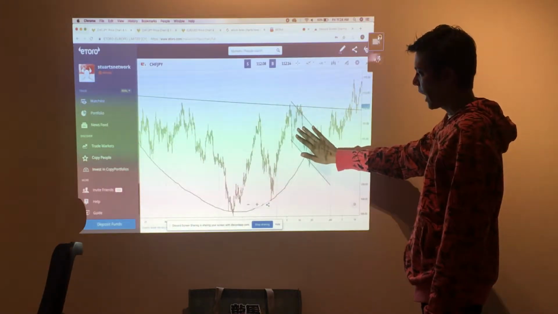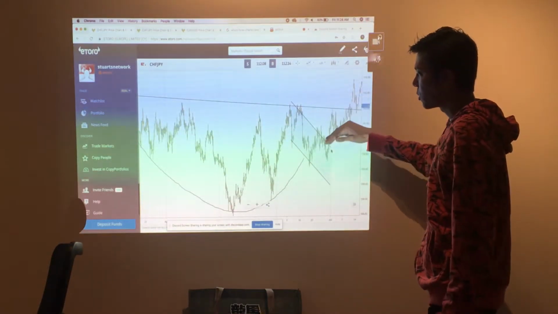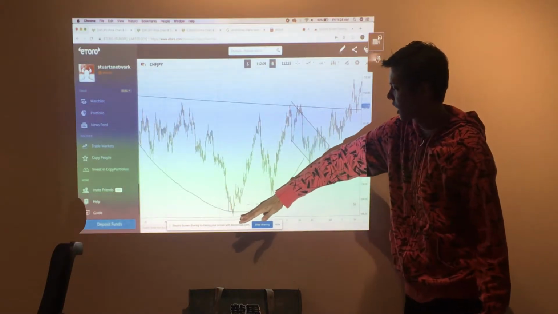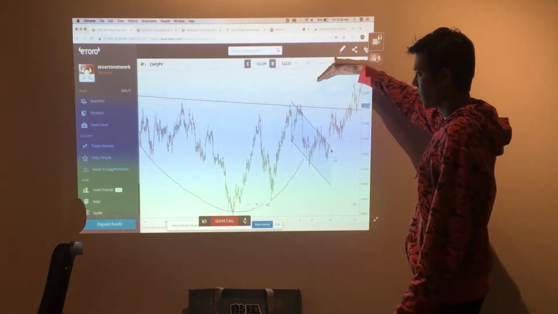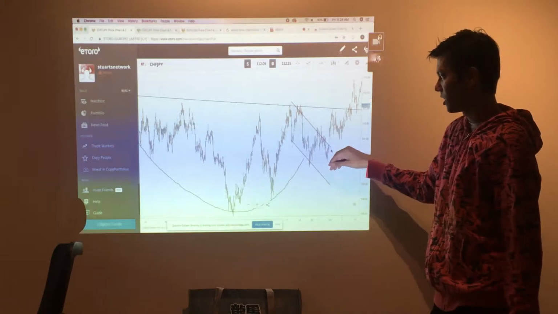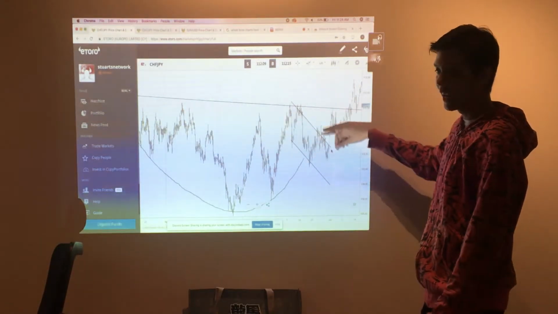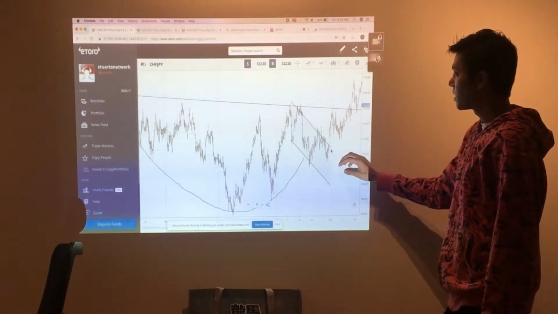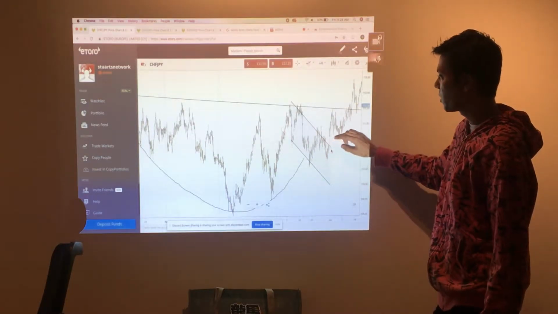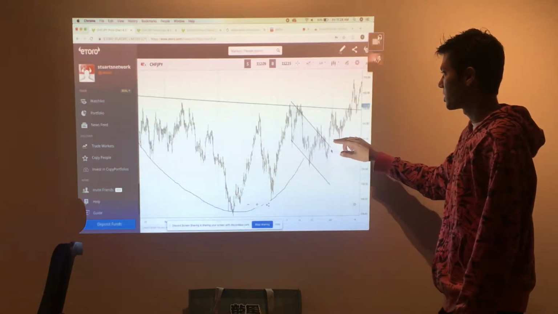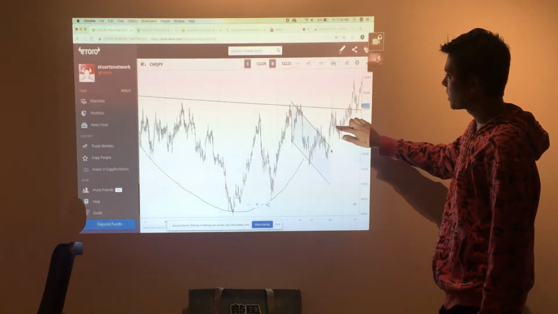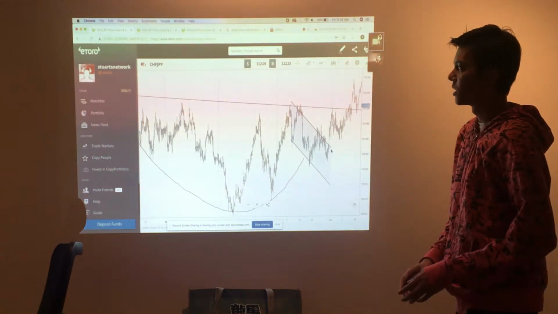So if this handle hasn't formed, I would tend to think that a drop might happen here if I draw a line, and then this might be a channel upwards. But the minute it breaks the channel, it can go downwards. Anything that goes up must come down. Only with this channel will I know that this is a cup and handle formation, and the minute it breaks over here, it gives me an upward movement.